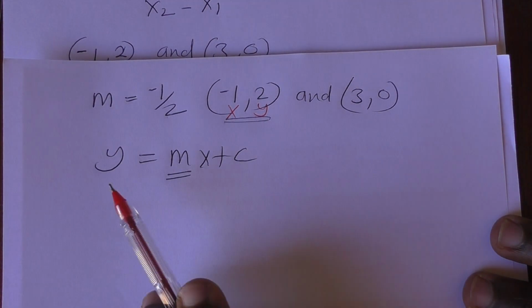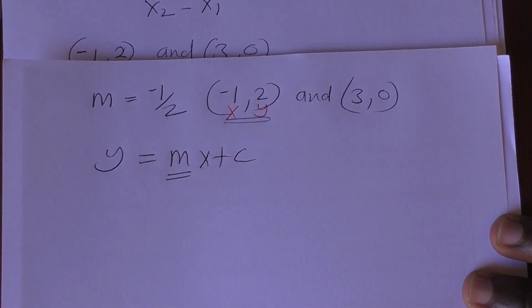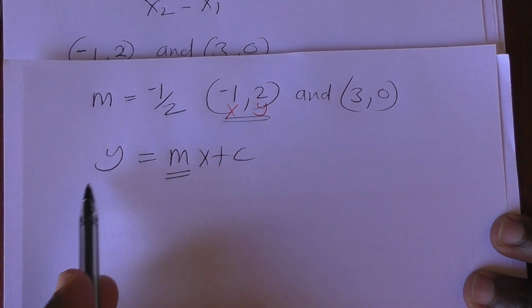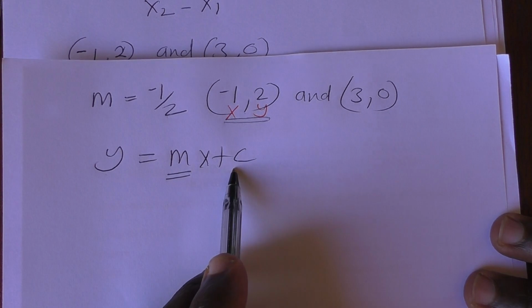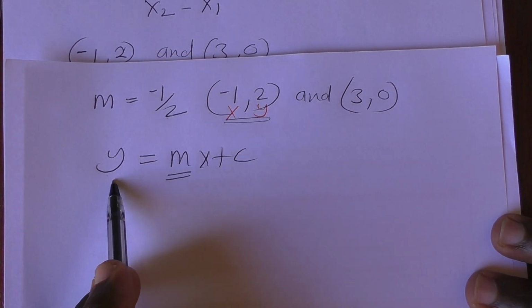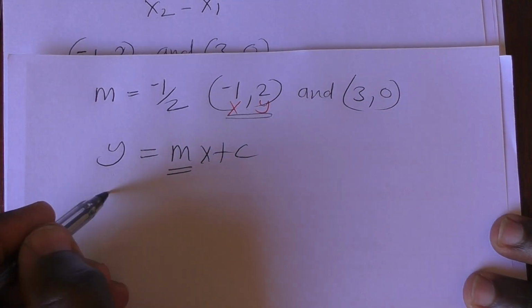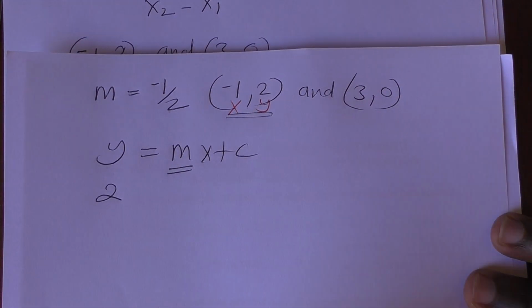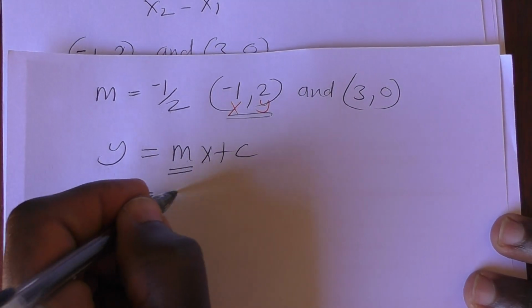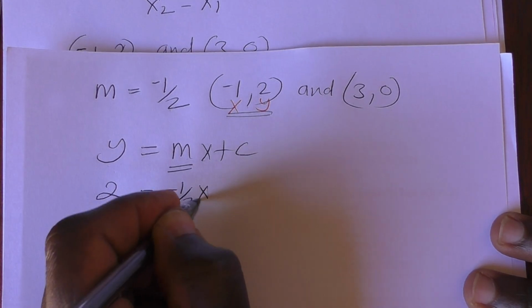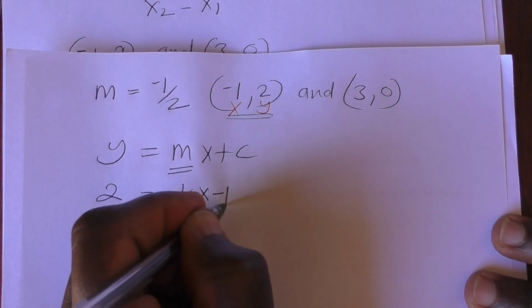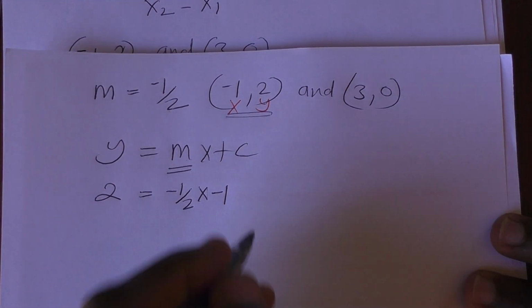And then substituting in this equation, since we have y equals mx plus c, where there is y I will substitute with 2, equaling m, which is negative a half, times x, which is negative 1, plus c.